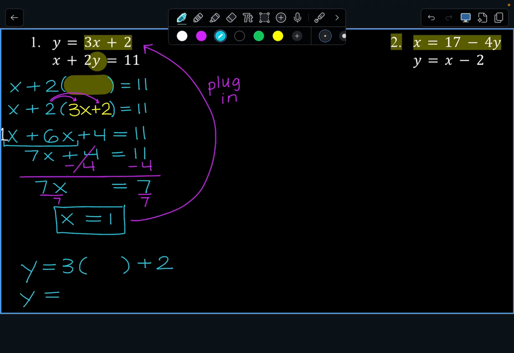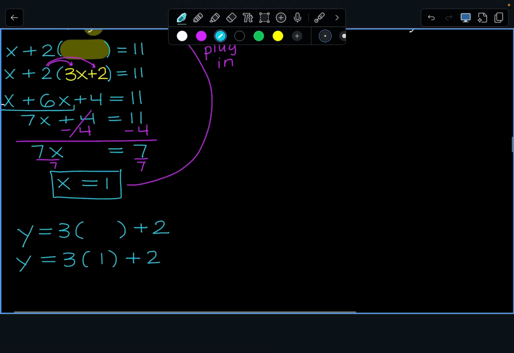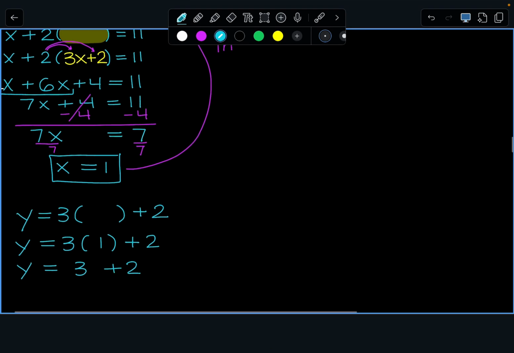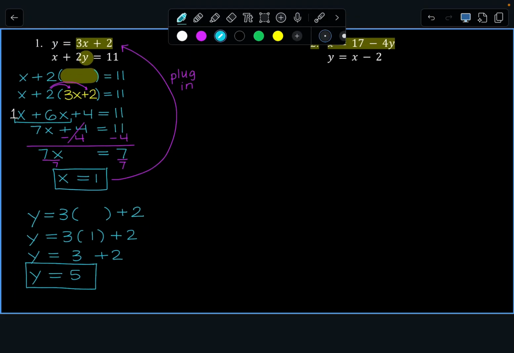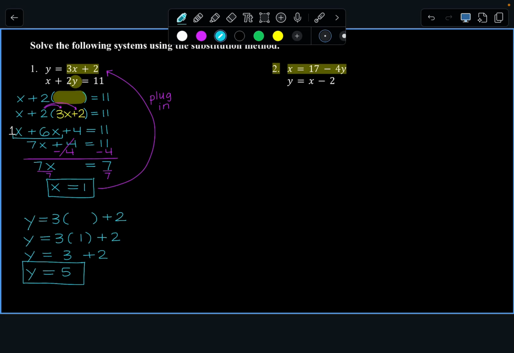We found that x was 1, so 3 times 1 plus 2. y is equal to 3 plus 2. So y is 5. Our final answer for number 1 is 1, 5.